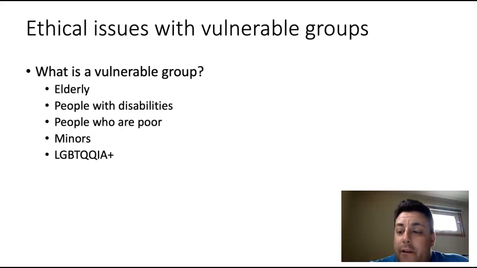One thing I can tell you is that when we talk about vulnerable groups, we often use person-first language. I've done that on this slide for a couple of these bullet points. Take, for example, the phrase people with disabilities. That's an example of person-first language.